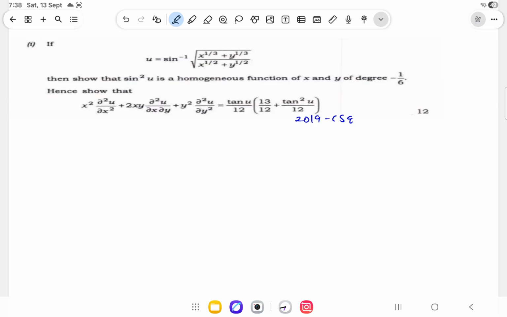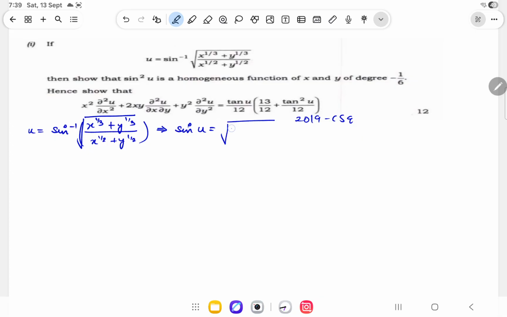So let's see that. u is given as sine inverse of the square root of (x raised 1 by 3 plus y raised 1 by 3) divided by (x raised 1 by 2 plus y raised 1 by 2). From here, sine of u will be basically, it is under root also, here it is under root also, so sine of u will be under root x raised 1 by 3 plus y raised 1 by 3 divided by x raised 1 by 2 plus y raised 1 by 2.